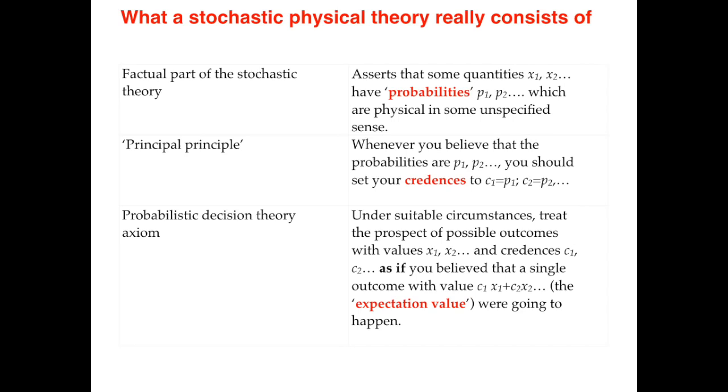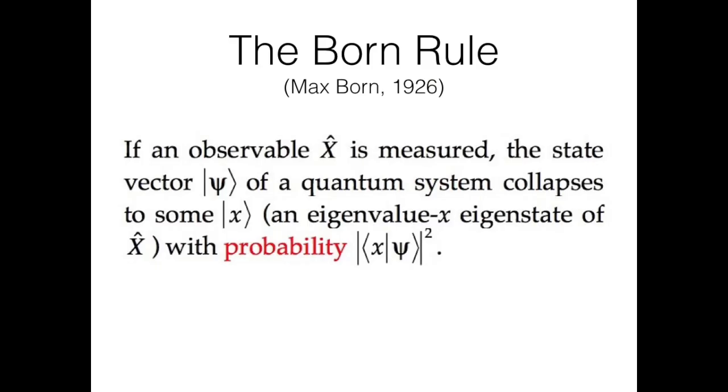And in that form, its probabilistic part is called the Born rule, which says that if and only if an observable is measured, then the probabilities of the various outcomes are the moduli squared of those coefficients. And the bottom line there.